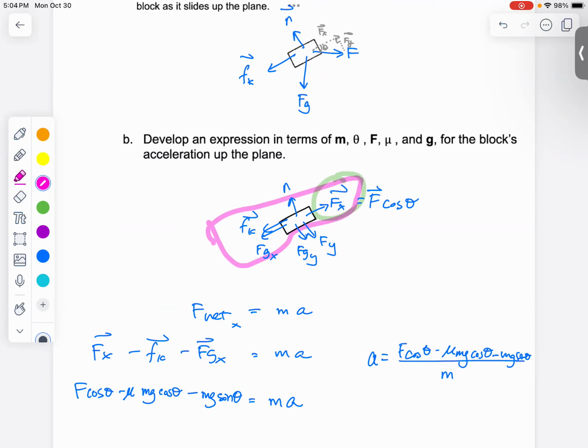They should all add up to m times a, not 0, because it is going up the plane, and it never mentioned having a constant velocity, so we cannot assume the net force is 0.